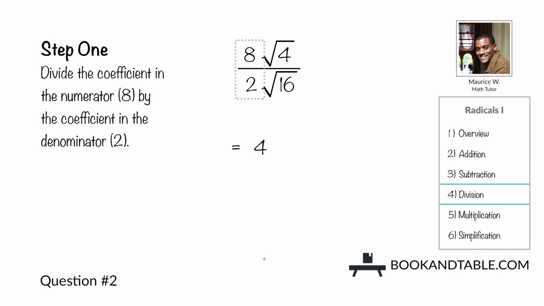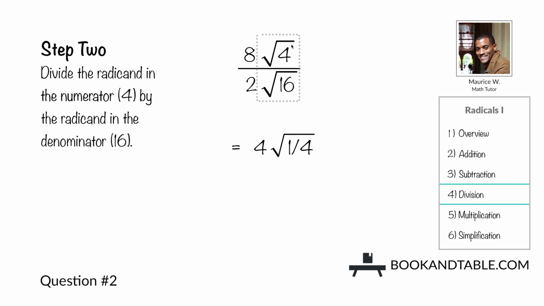Question number 2, step 1, divide the coefficient in the numerator, 8, by the coefficient in the denominator, 2. 8 divided by 2 gives us 4. Step 2, divide the radicand in the numerator, 4, by the radicand in the denominator, 16. 4 over 16. If you divide them both by 4, you simplify it to 1/4.